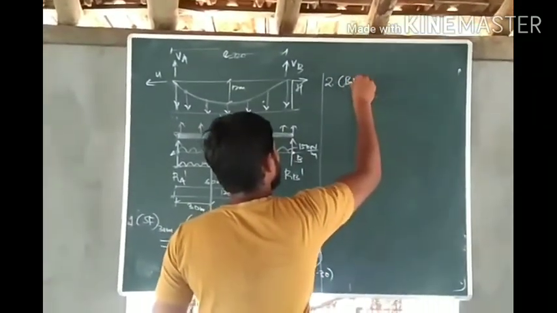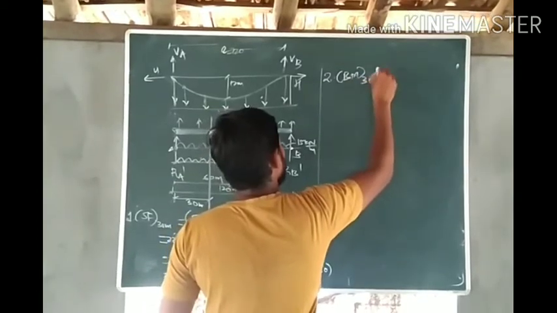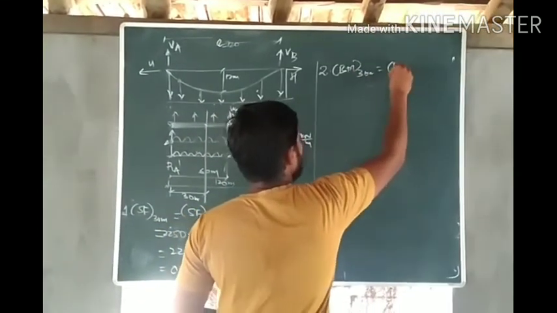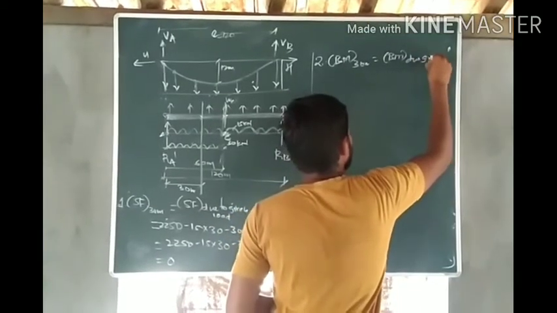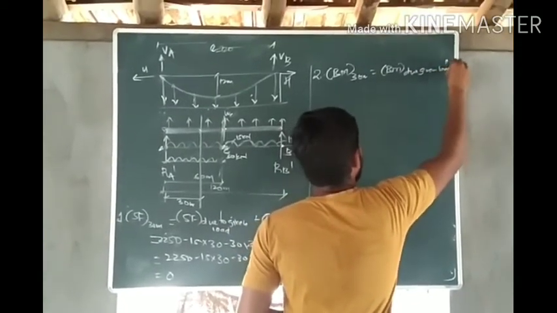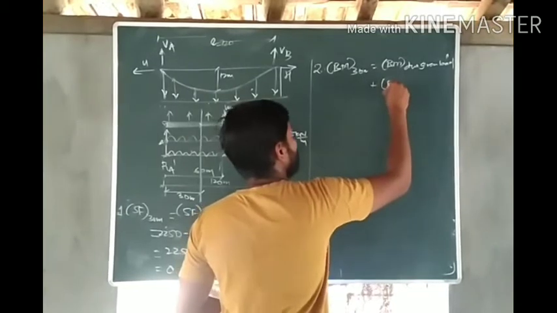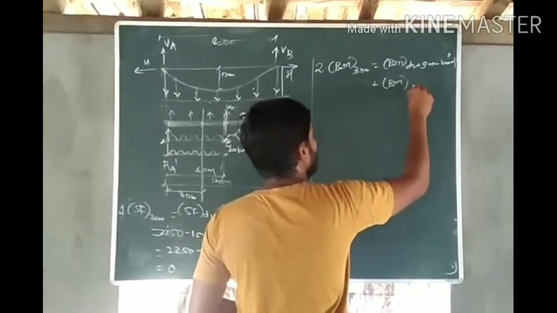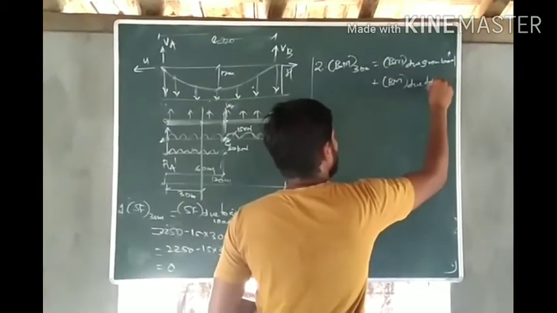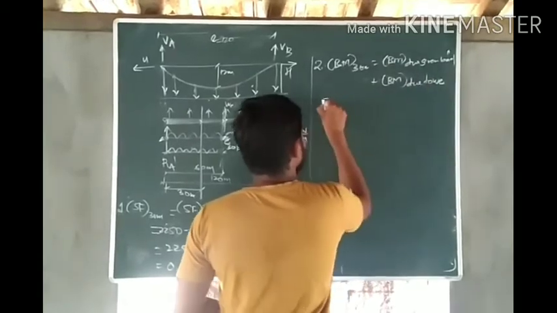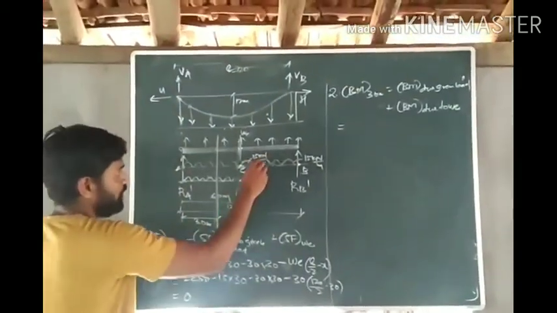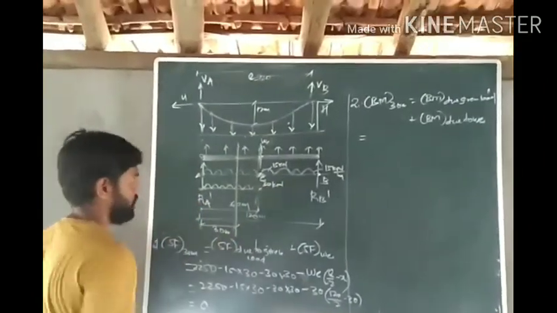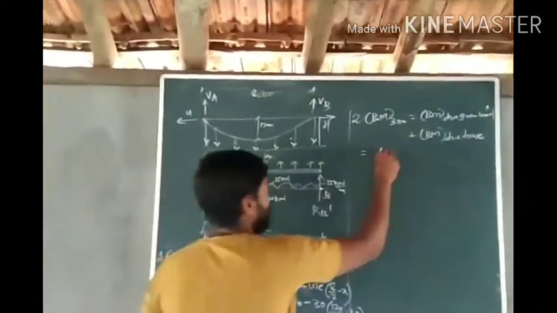Next, bending moment at 30 meter. So again, bending moment due to the given load plus bending moment due to WE. The given load is 15, 30 and this RA dash. So RA dash चा moment काय येणार आहे बघा?